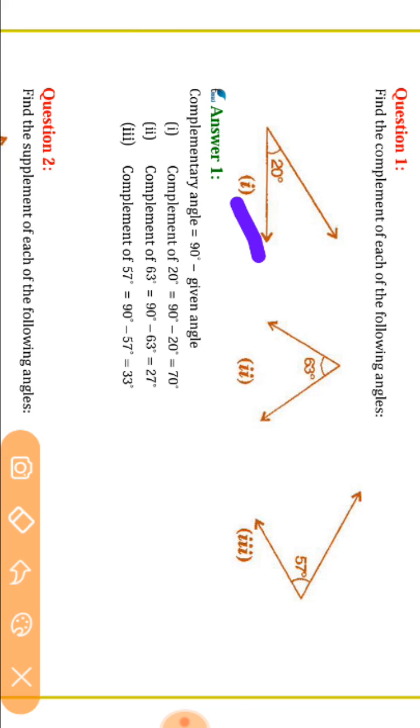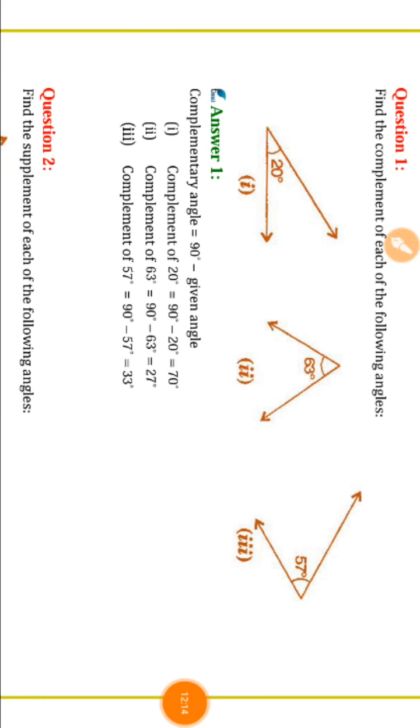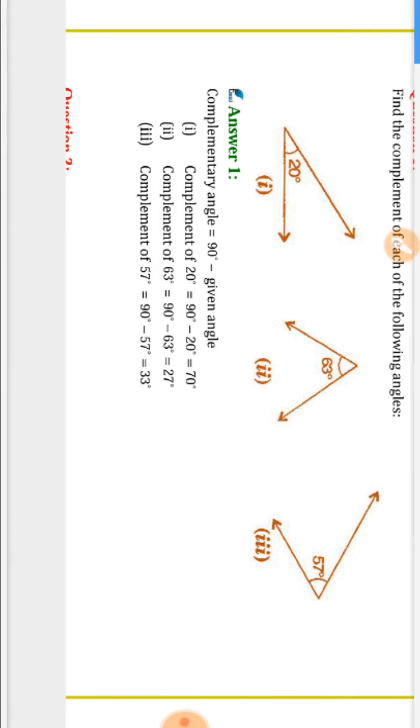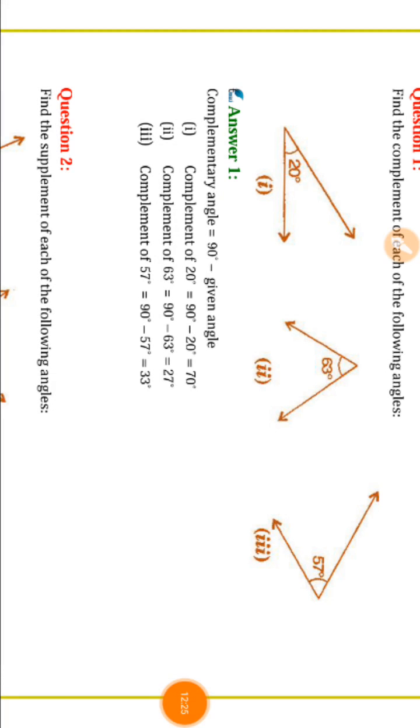See, complementary angles: the sum gives 90 degrees.